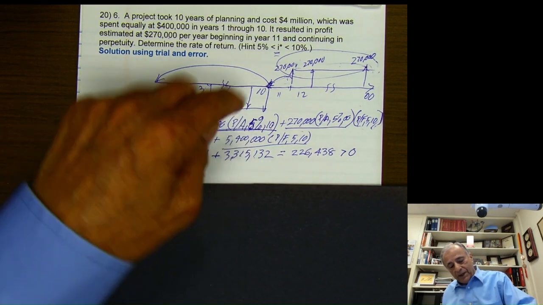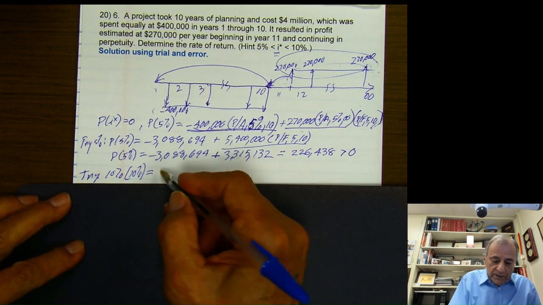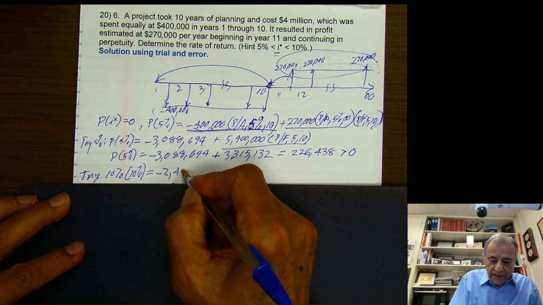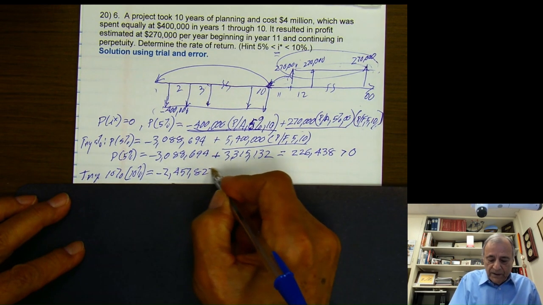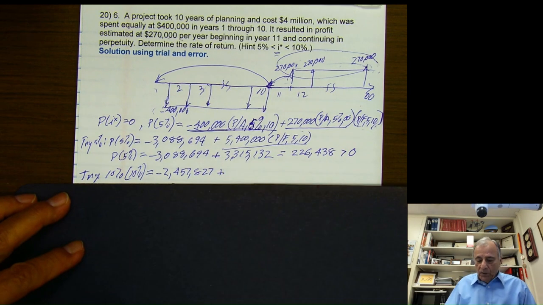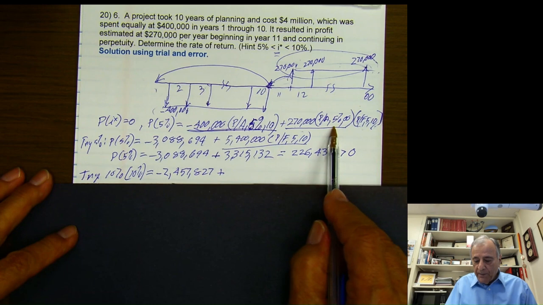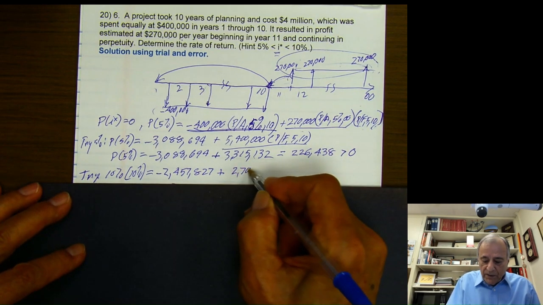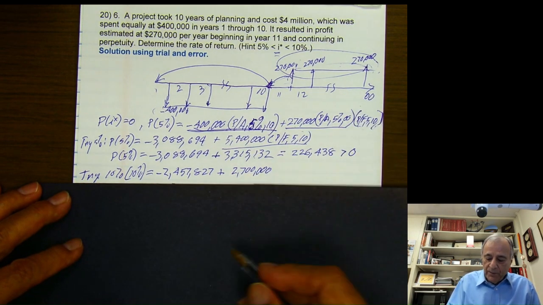Well, the higher the rate, the smaller the present worth is going to be. And it turns out that's minus 2,457,827 plus, and when I work all this out at 10%, now this divided by 0.1 is going to be 2,700,000. Divided by 0.05, it was 5.4 million.